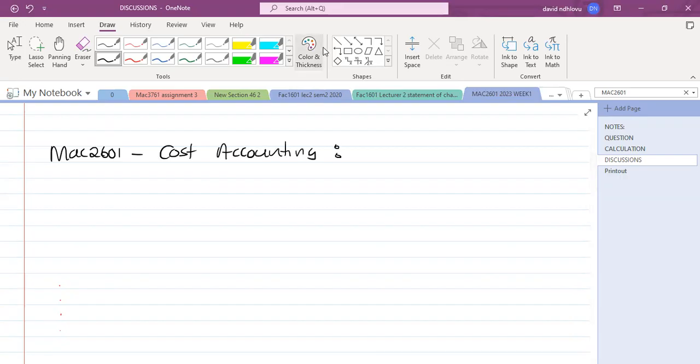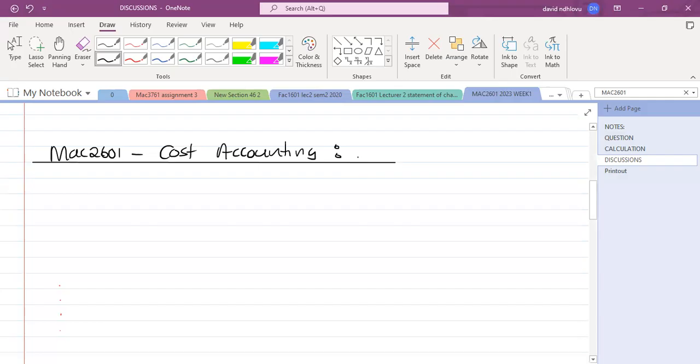This module, good people, is one of the most challenging modules when it comes to the accounting degree or similar degree. Some people may be doing management accounting as a degree course. Whenever people do management accounting, this is one of those modules that present a bit of a challenge when it comes to people achieving their goals.